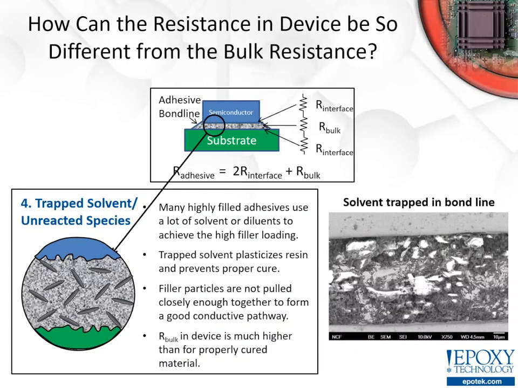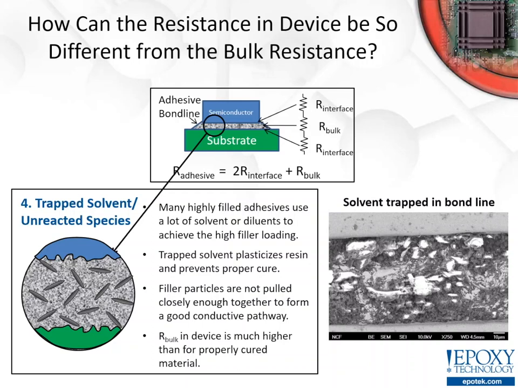As we've mentioned, many of these silver high thermal conductivity systems use low viscosity resins or some type of solvent. Now, if you end up using a lot of solvent, that solvent can get trapped within the bond line.